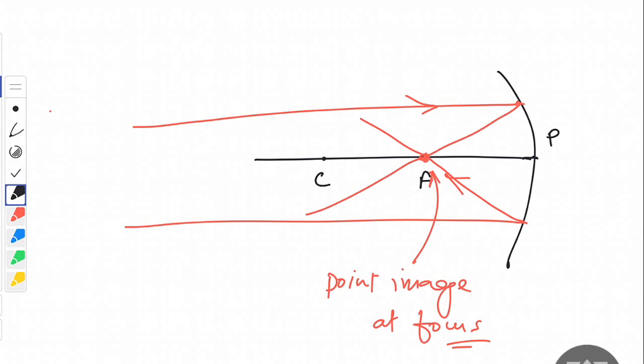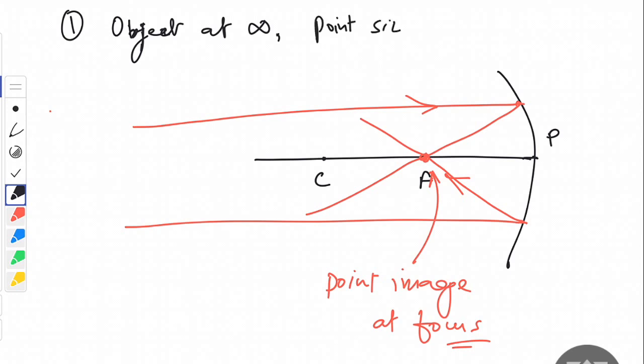First scenario: object at infinity. Point-sized image, point image formed at focus.